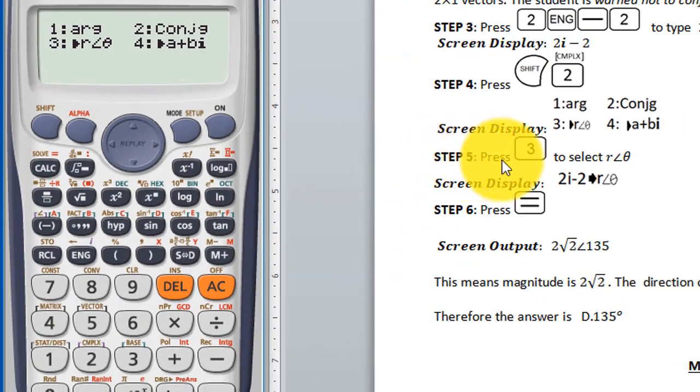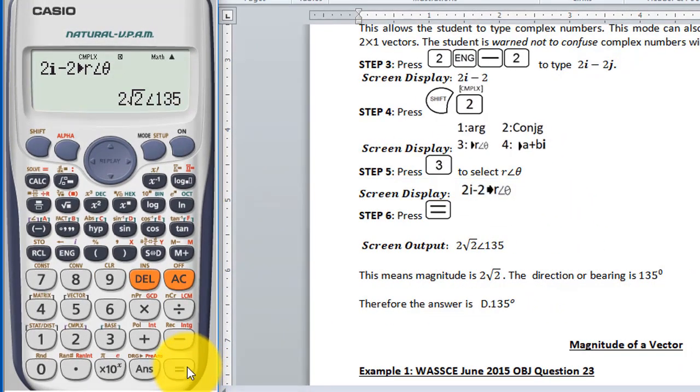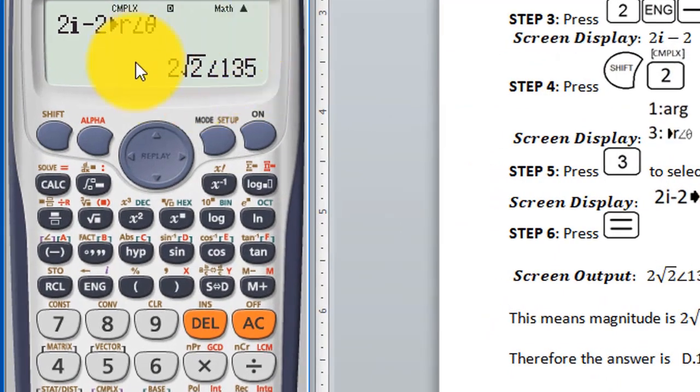Step 5, press 3 to select the magnitude and direction. So I press 3, then I see this. That is, 2i minus 2, the vector in component form, will be converted to the magnitude and bearing form. I'll now press on the equal sign, and I'll see 2 root 2, then the angle sign, and 135.